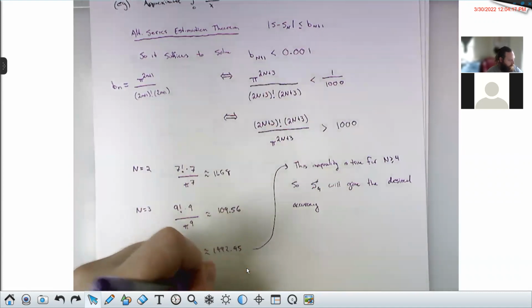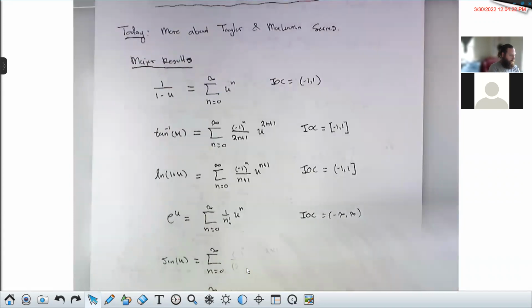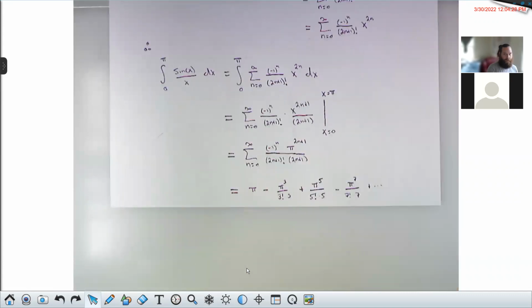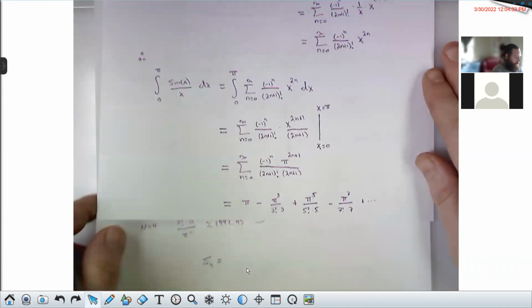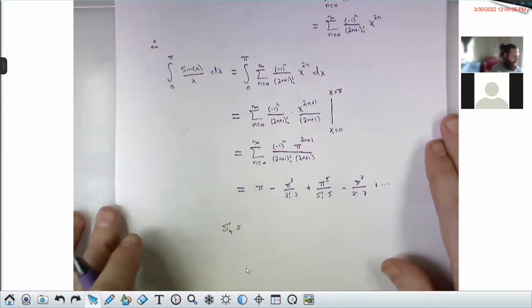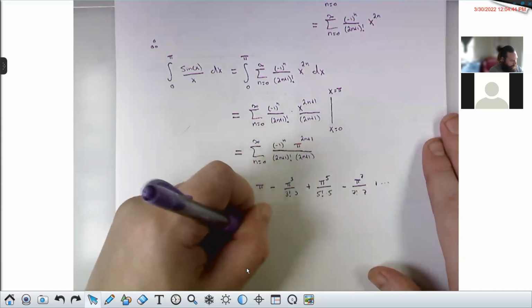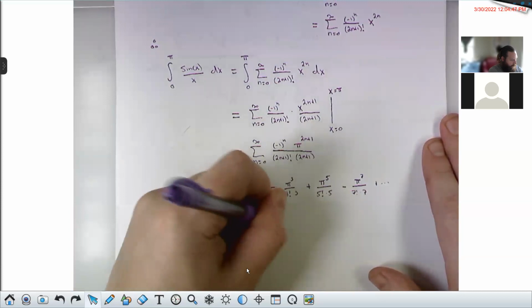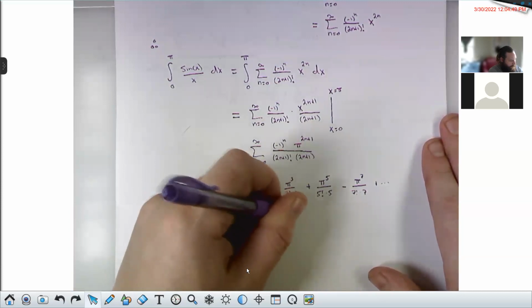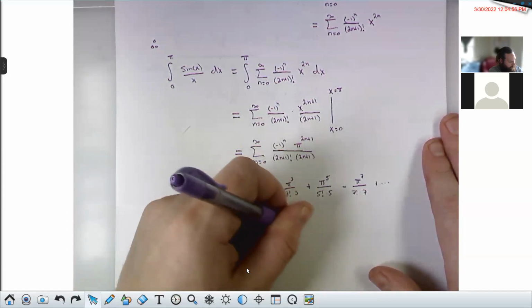And S4, remember what our series was. Our series was this guy. So S4 would be the sum out to n equals capital 4 of negative 1 to the little n, pi to the 2n plus 1 divided by 2n plus 1 factorial times 2n plus 1.